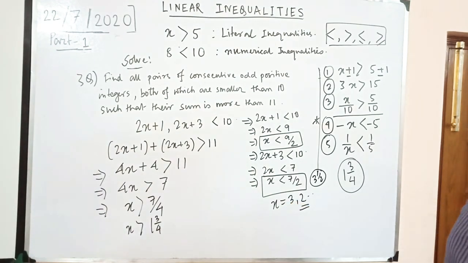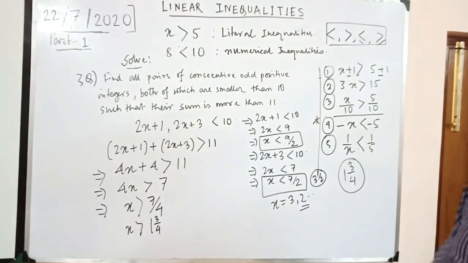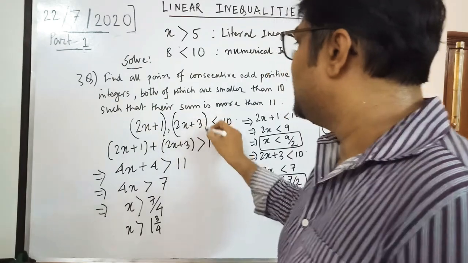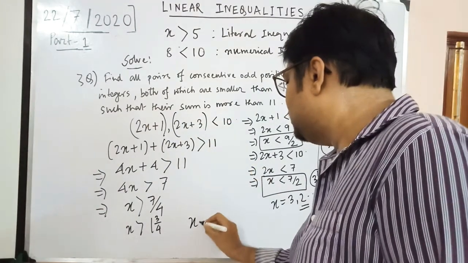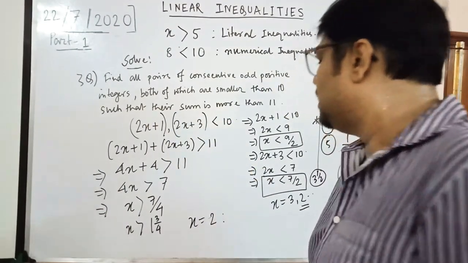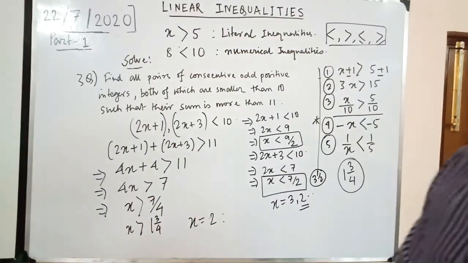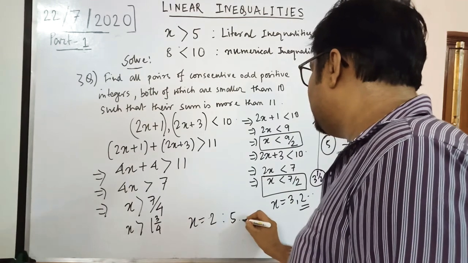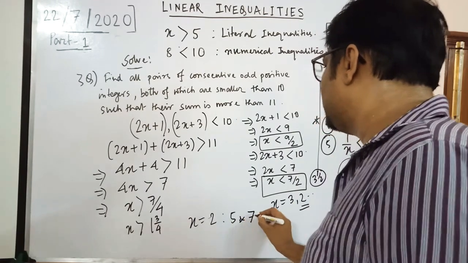If we put 2 over here, what are the numbers? The numbers are this and this. So if we put x equals to 2, then what will be the numbers? The numbers are 5 and 7.